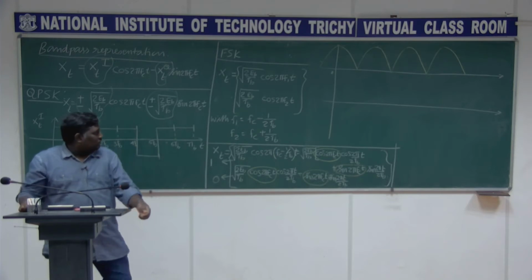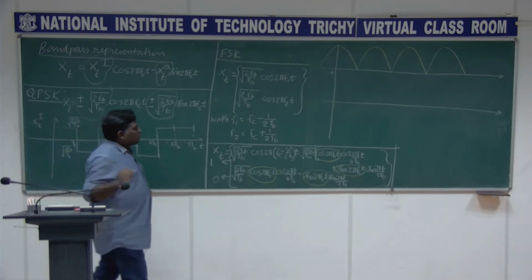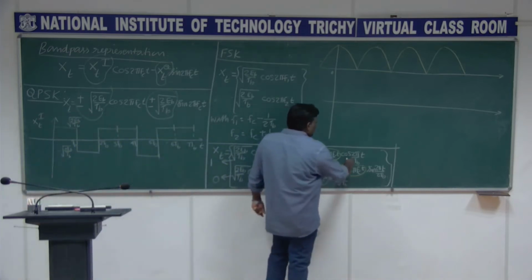Right? I wanted to plot only this in phase component, right? When T is what? So where will that zero crossing occur? These two get cancelled.